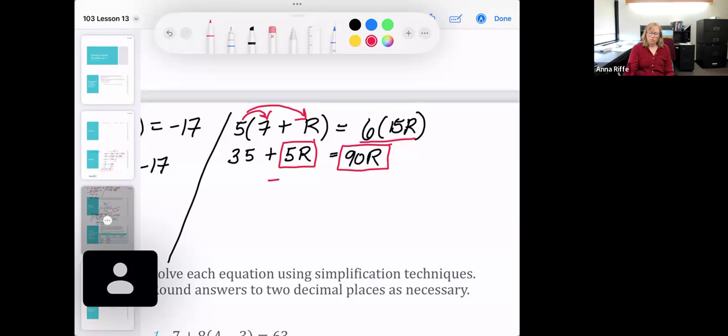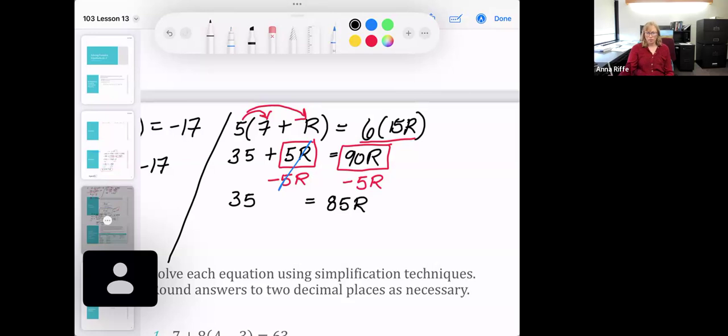So I'm going to undo the addition of 5r by subtracting 5r. I can do that as long as I do exactly the same thing to the right-hand side. That leaves me with positive 35 on the left. 5r minus 5r is 0 for the variable terms on the left. That's my goal. And then 90r minus 5r is 85r.